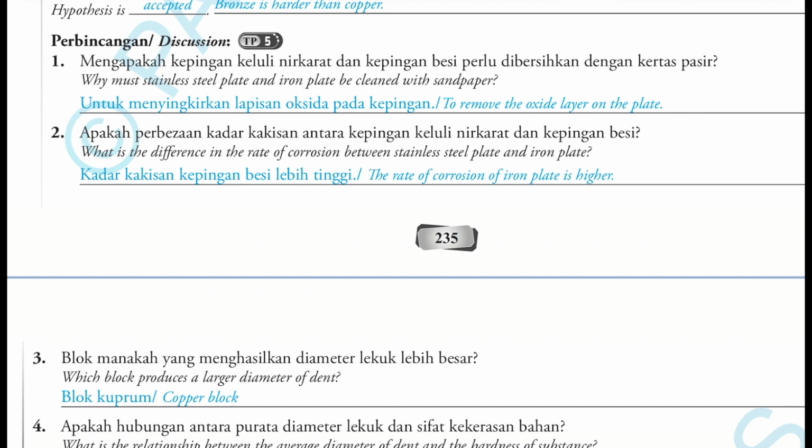The rate of corrosion of iron plate is higher, because iron plate ni adalah pure metal. So the pure metal has a higher rate of corrosion compared to alloy. Dia lebih mudah untuk terkakis, easily to be corroded compared to the alloy.